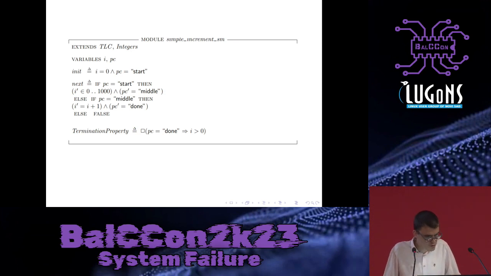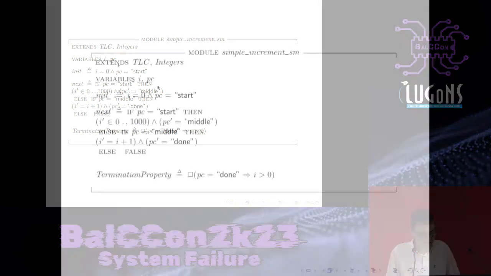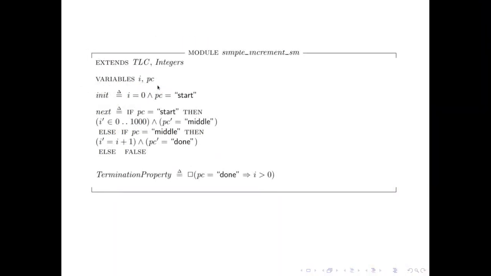So here you can see that I have two variables, as I already mentioned. This is I and PC, and by the way, this can be written in a text file. So this is actually written in a text file. What I did here for the purposes of this presentation is that for TLA+ you can export it to LaTeX, and from LaTeX you can export it to PDF.